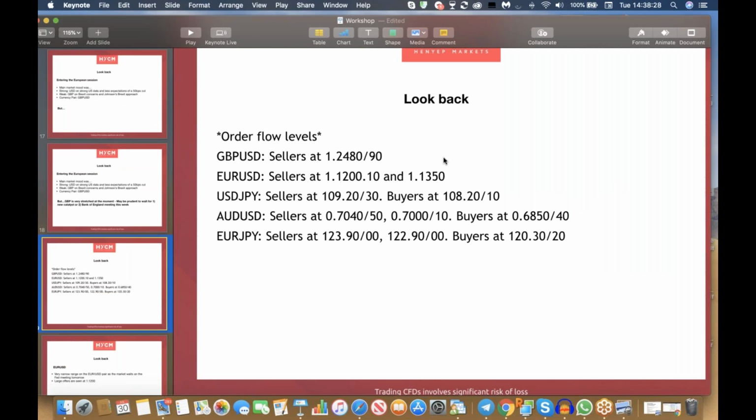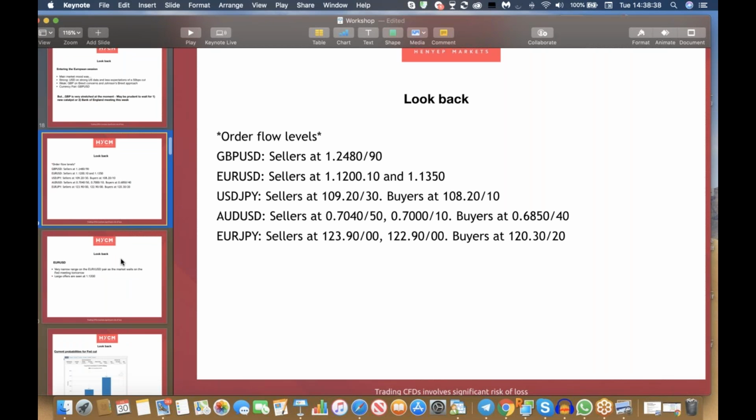Okay, just a couple of things. Looking at some order flow levels, there was a significant order flow level which I noticed at the 1.1200 level on the euro-US dollar pair. There are some sellers. Now, these order flow levels, I post these sometimes on the HYCM social networks, and these are institutional orders that market participants see in the market.